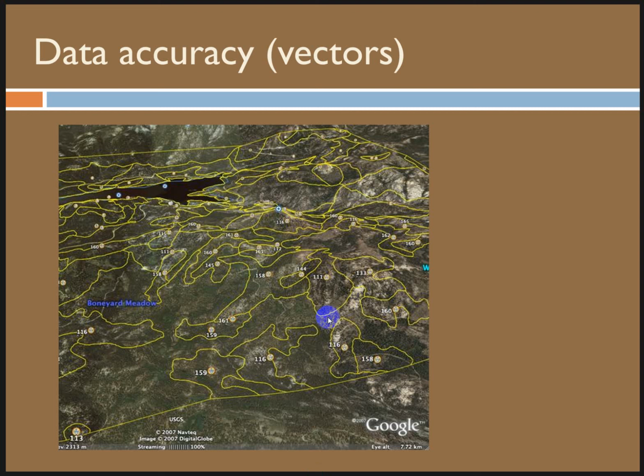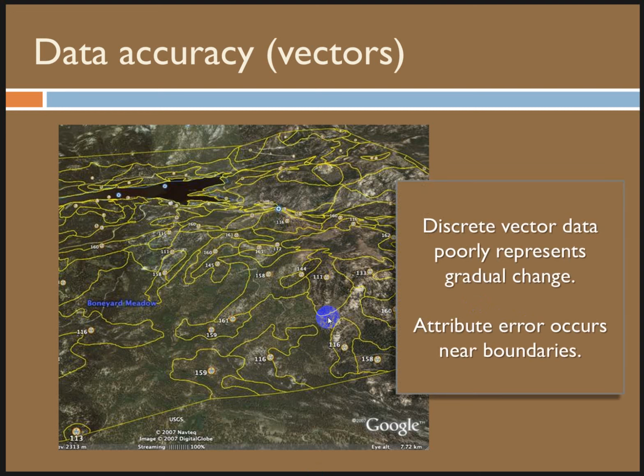But soil is obviously a continuous entity, and boundaries between types are going to be more gradual than can be delineated with a line feature. So it's just important to know that attribute error can increase in situations like this near vector boundaries, and that discrete vector data does a fairly poor job of representing gradual change, which would be better handled with continuous data or raster data, but we can only store one cell value at a time.